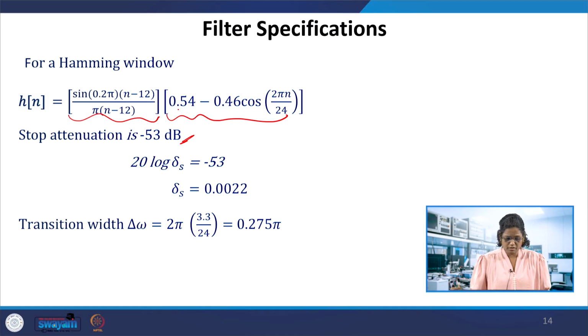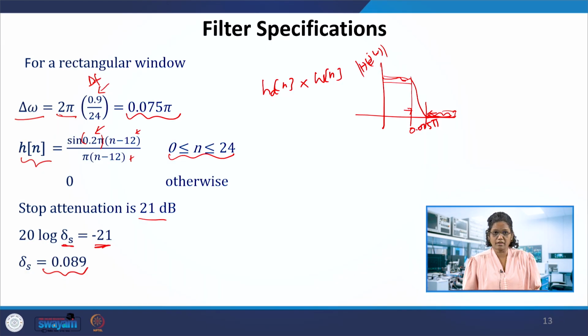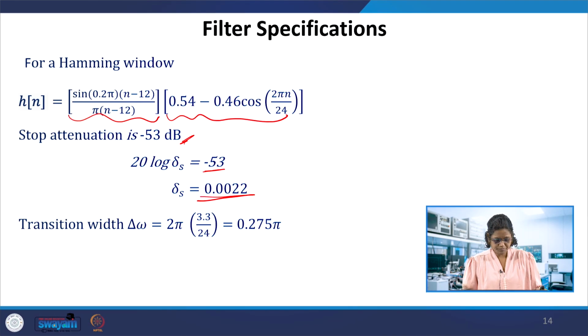The stop band attenuation is minus 53 dB, and 20 log del S equals minus 53. Finding this, the ripple reduces to 0.0022, which is good compared to the 0.089 ripple in the stop band, by choosing the Hamming window for this design.